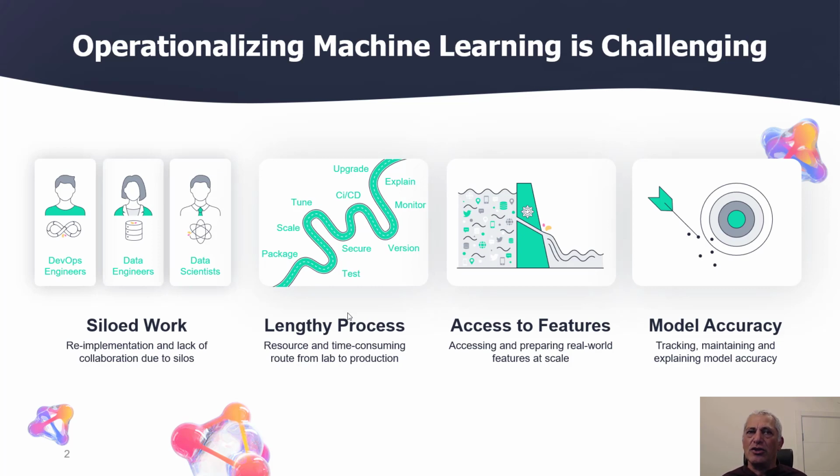The second key challenge is the long process for taking something that you built in research and productizing it. There are so many steps that we're going to cover in that long journey and trying to figure out how to shorten that process. Another key challenge is where we work on training and building our model.